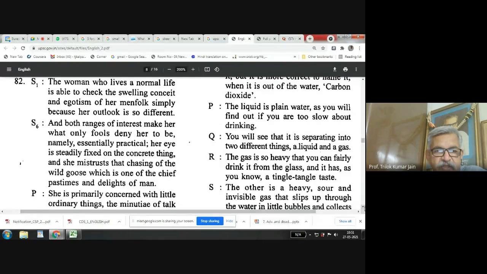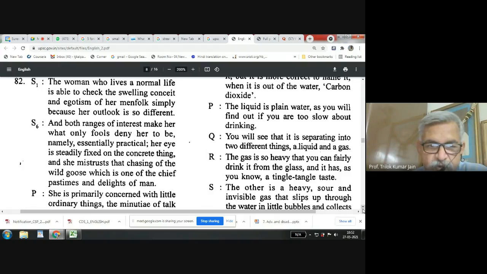The last sentence is: and both ranges of interest make her what only fools deny her to be, namely essential, practical. Her eyes are steadily fixed on the concrete thing, and she mistrusts that chasing of the wild goose, which is one of the chief pastimes and delights of man.